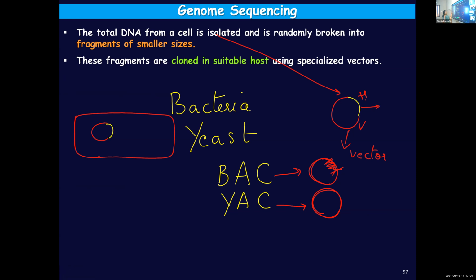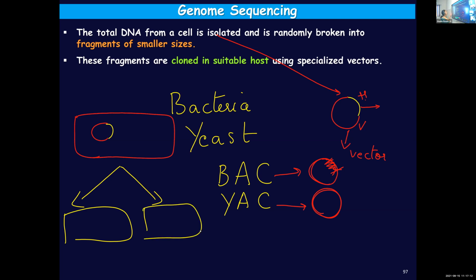Then what happens? As this divides, more and more copies are formed. As they multiply, more and more copies of the human genome or this DNA fragment also will be made. So cloning means forming identical copies using specialized vectors.